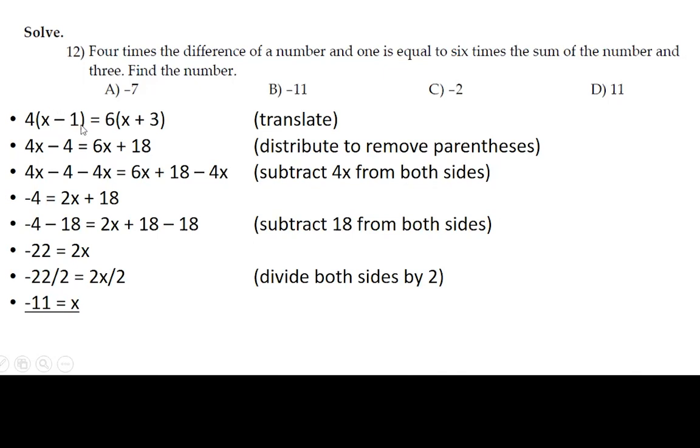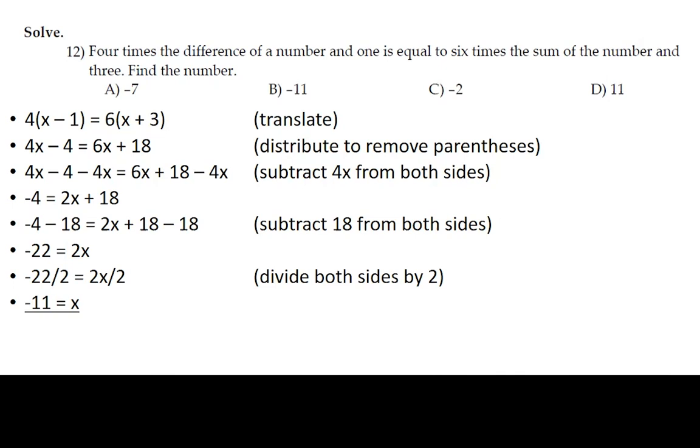So x and 1 fill out the 2 spots inside the parenthesis on either side of the subtraction sign. Is equal to, that's our equal sign, 6 times the sum. So 6 times in parentheses a plus, the sum of what? The number and 3. So x and 3 take up both sides of the addition sign inside the parentheses.